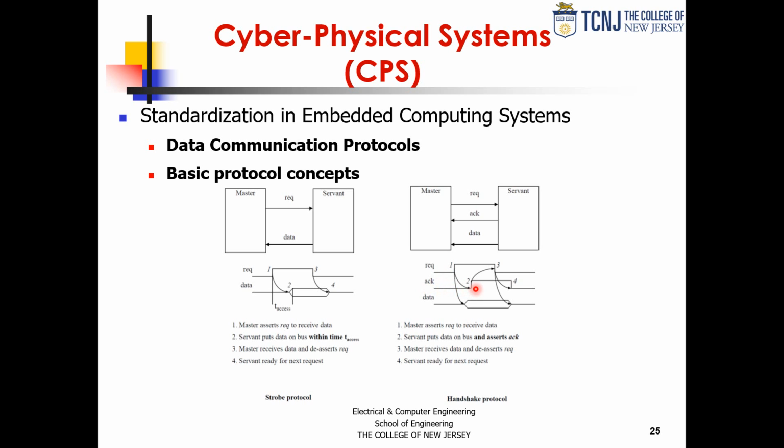And now the master knows that yes, it got my request and it put the data on the bus. So now the master has an extra assurance because it got feedback from that other entity. Then the master has time to get the data, then it deasserts the request.